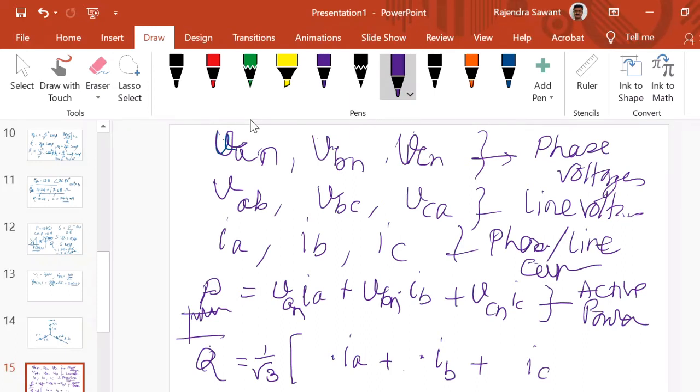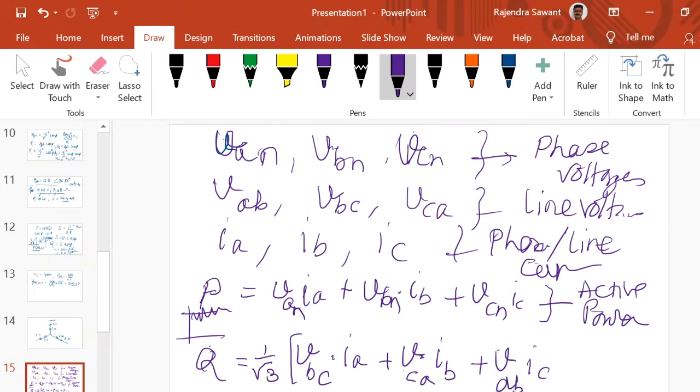Now this voltage should not be the phase voltage, it should be the line voltage. But which line voltage? It is the line voltage which does not belong to that node. So that means IA into VBC, IB into VCA, IC into VAB.